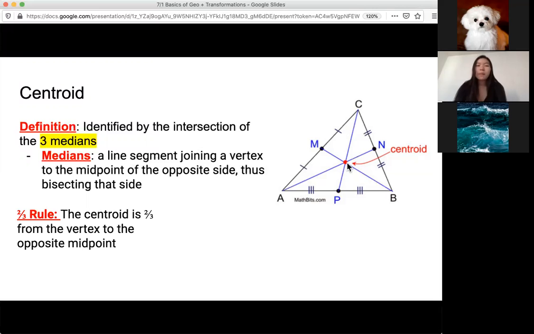And the opposite midpoint is basically kind of the longer side, and this is the midpoint, which is basically the pointy side, you know. So this should be 2/3 when you find the centroid, and the vertex to the midpoint would be 1/3, and same with all. It should apply to all these lines that make up the centroid.